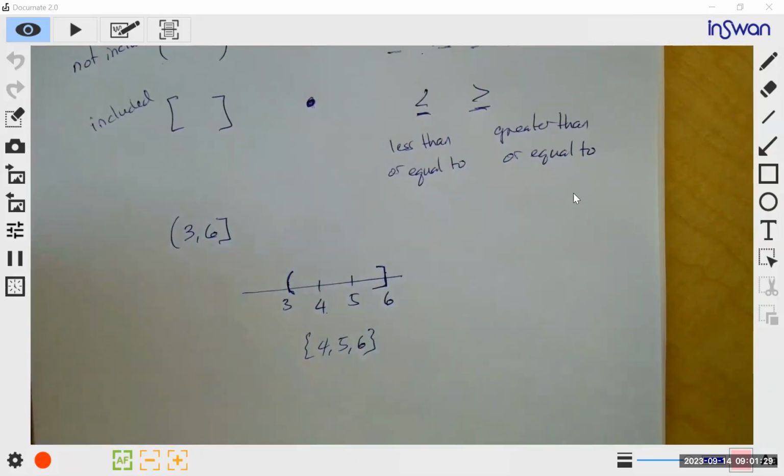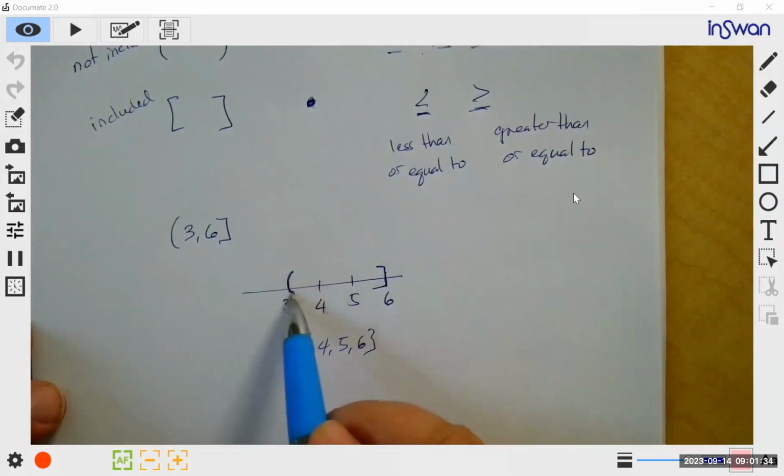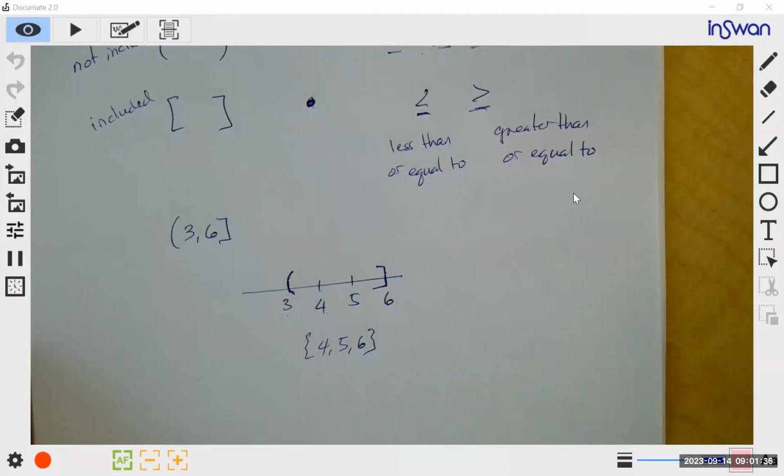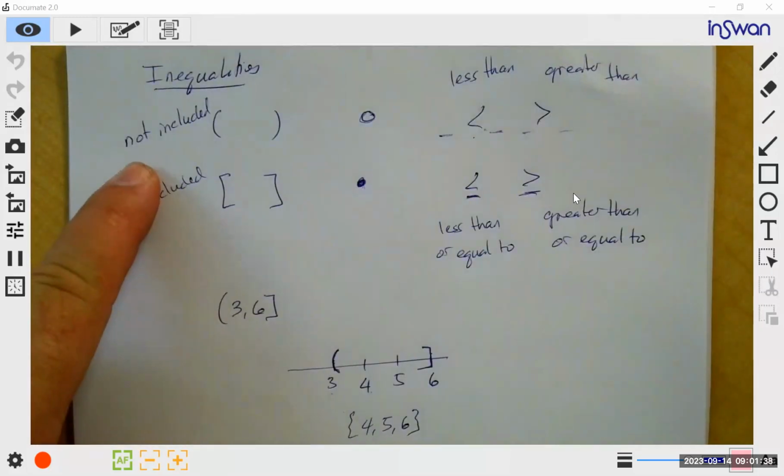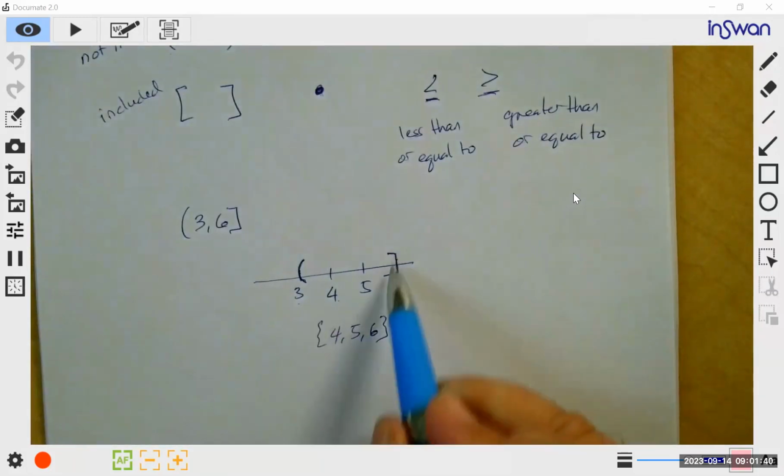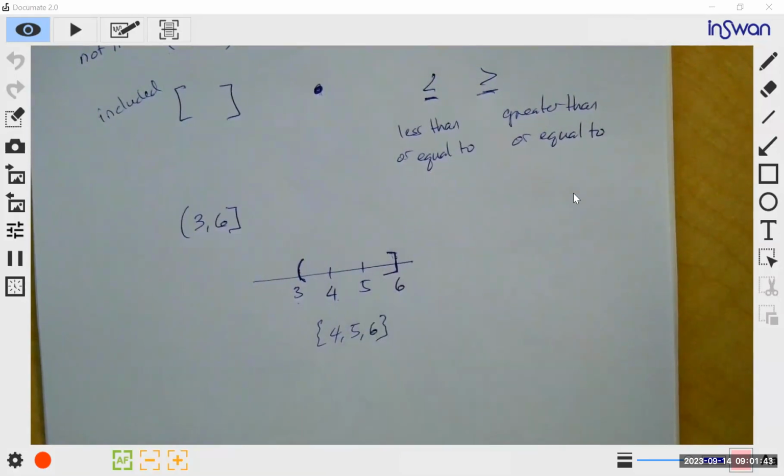That would be my answer, my solution set. Because this parenthesis says I cannot use 3. It's not included. The bracket, however, on the other hand, means 6 is included.